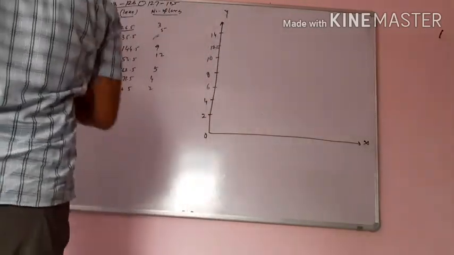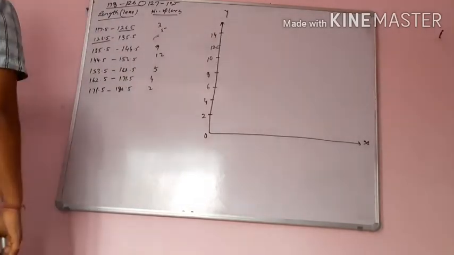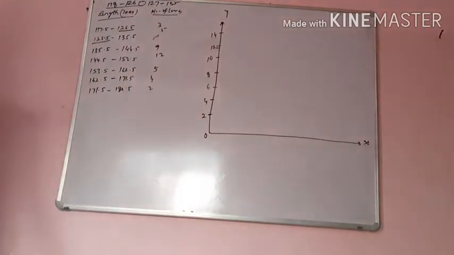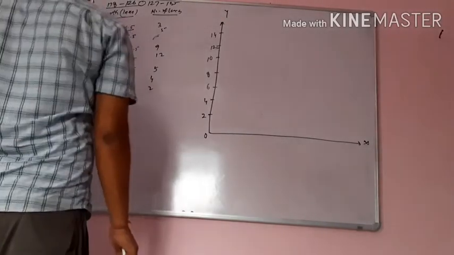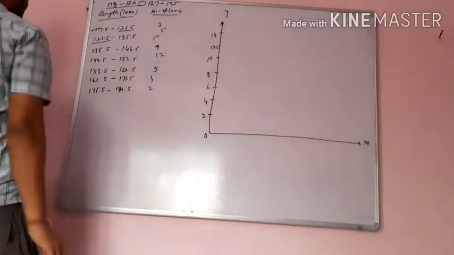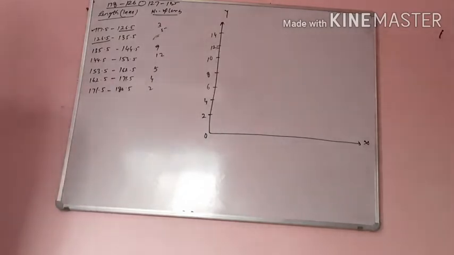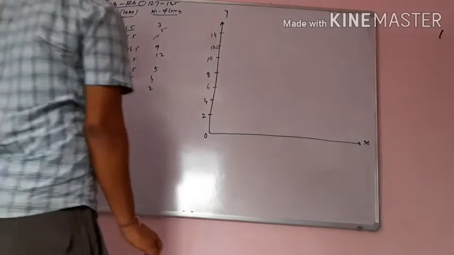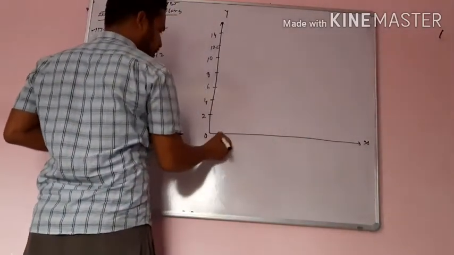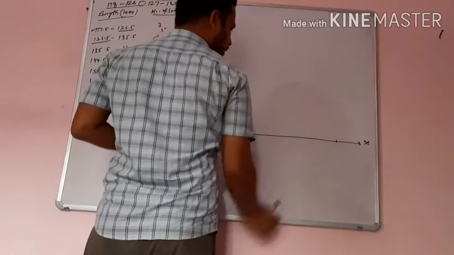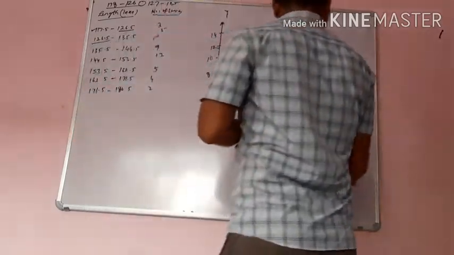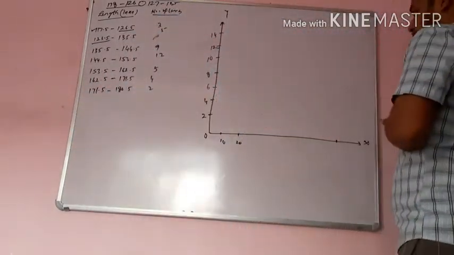Now, in a bar graph there is a space between bars, but in a histogram there will be none. Our data is starting from 117, so we will take a line break. We cannot leave that much space. So suppose I am taking 0, 10, 20, and in this manner our histogram bars will start from here.